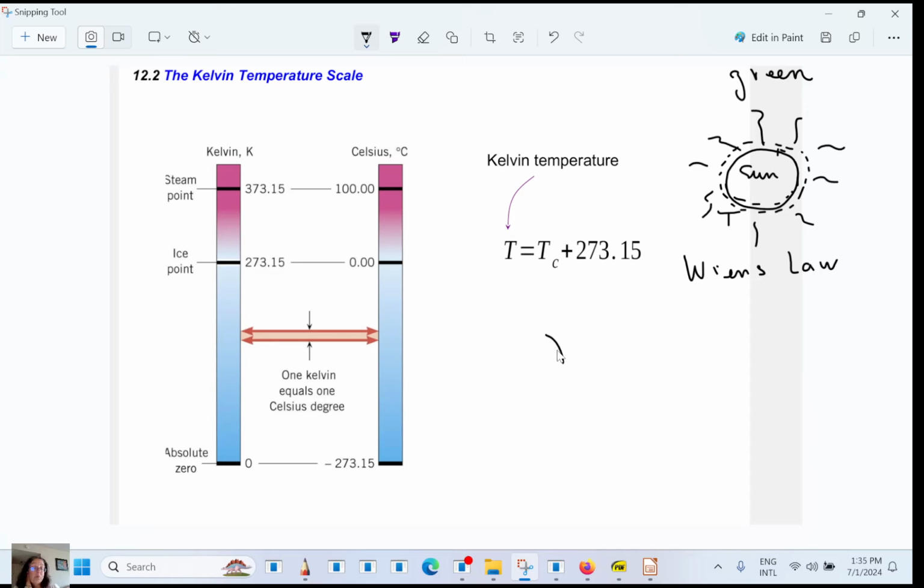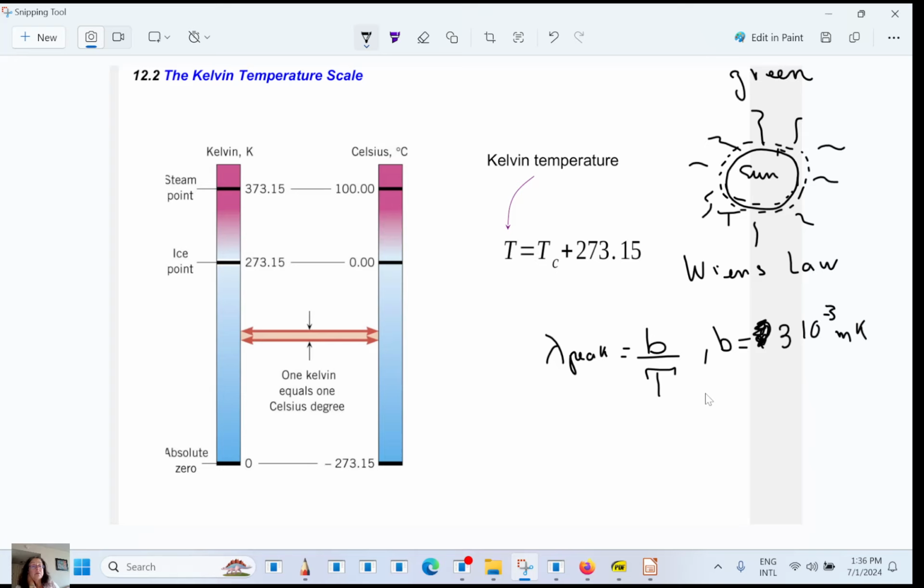So it says that the peak wavelength of a star or an incandescent bulb, for example, will be equal to a constant divided by the temperature in Kelvin. That constant here is about, I'm going to simplify, 3 times 10 to the negative 3 meter Kelvin.